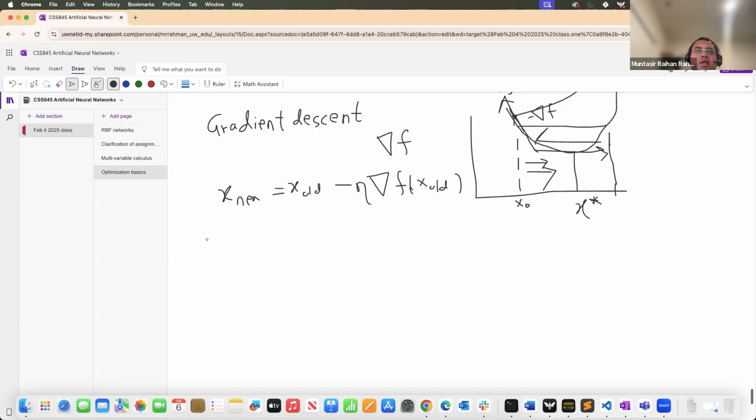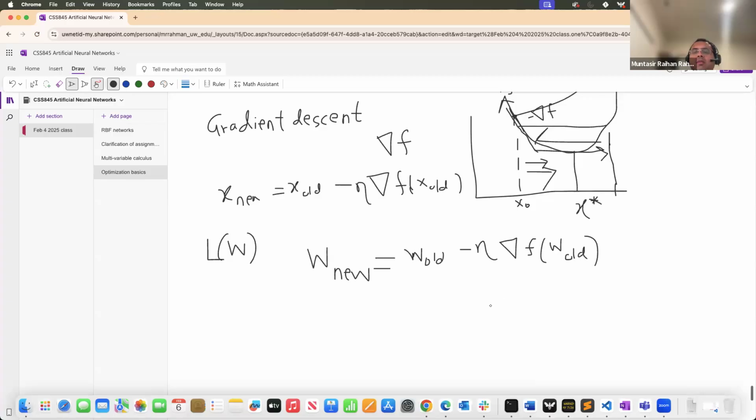In general, if you have some sort of loss function of a weight vector W, then this would look like W new is going to be W old minus a learning rate times the gradient of the function at W old, and you keep doing this until you converge to the local minima, right?